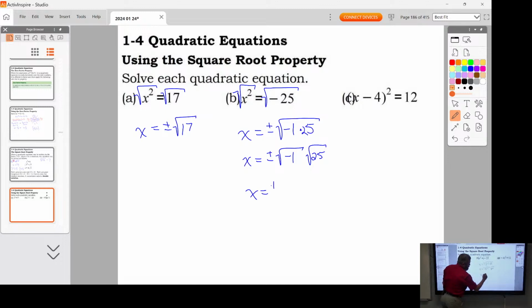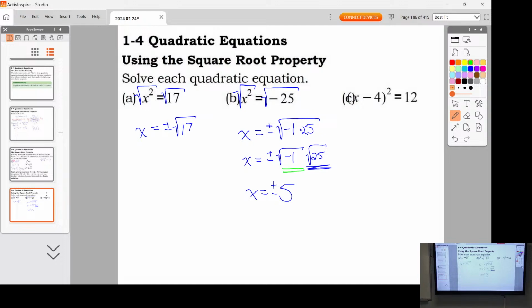Let's do the second one first because I think you're more comfortable with that. What is the square root of 25? 5. What is the square root of negative 1? What is it?